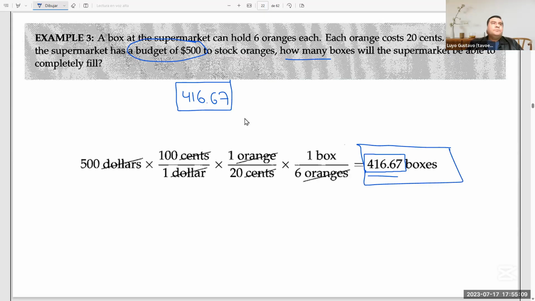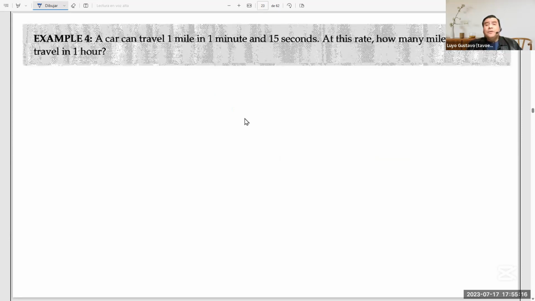Well, let's move on. Another practice question. Example 4. A car can travel 1 mile in 1 minute and 15 seconds. At this rate, how many miles can the car travel in 1 hour? So you can see the question, okay?